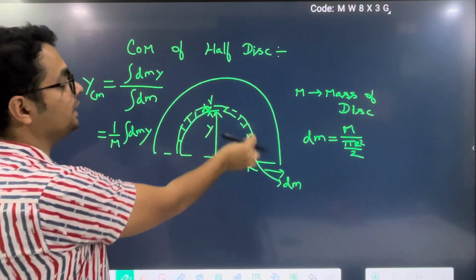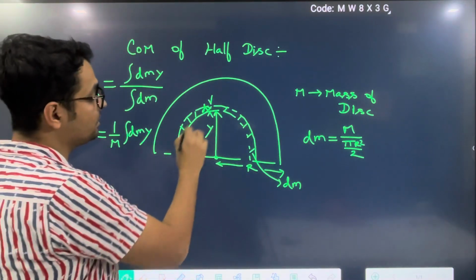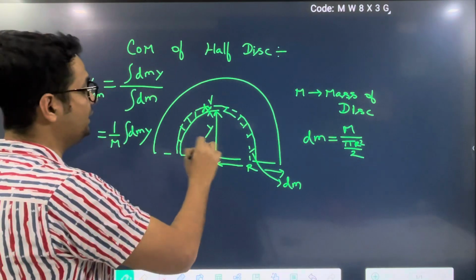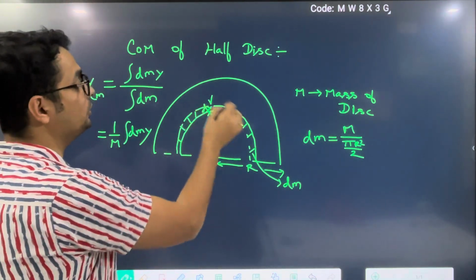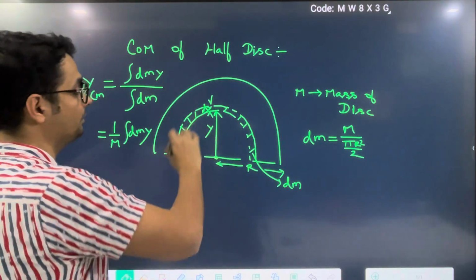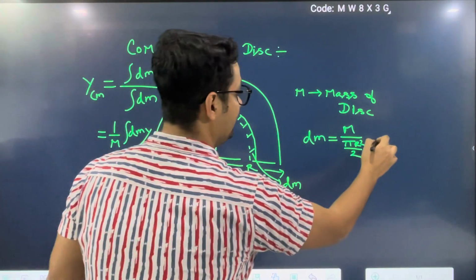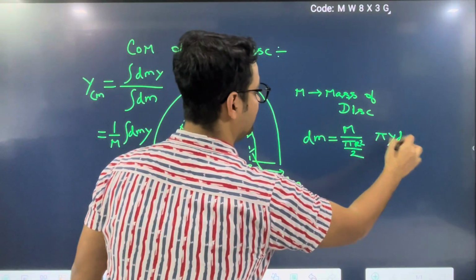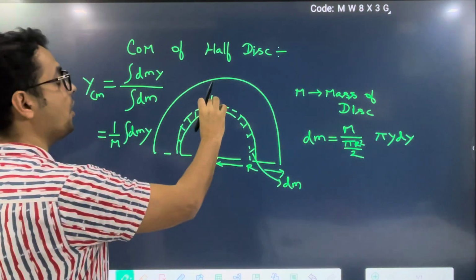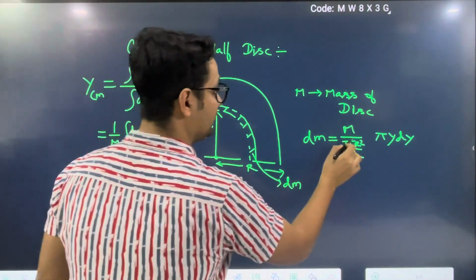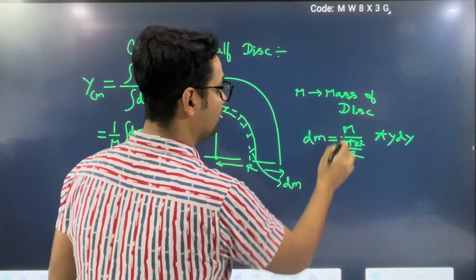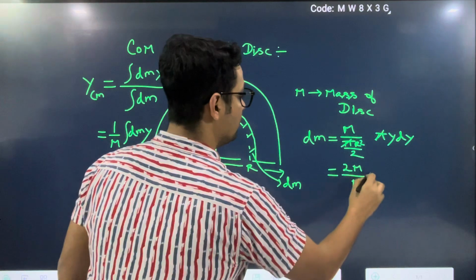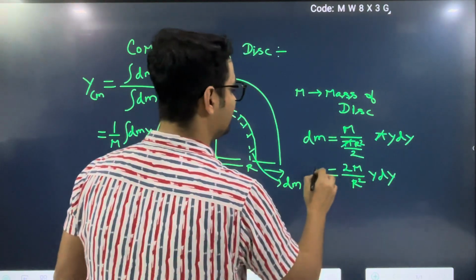The length of this strip is pi y, because the total length of a ring is 2 pi r, and here the radius is y and it is a half ring, so it is pi y only. The thickness is dy, so the area is pi y dy. Now cancel pi, and the 2 goes up, so it can be written as 2M by r square y dy. This is nothing but dm, the mass of this elemental ring.